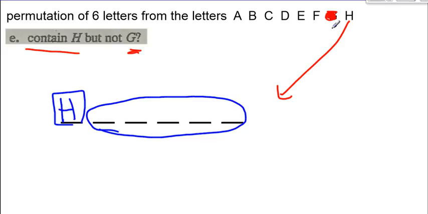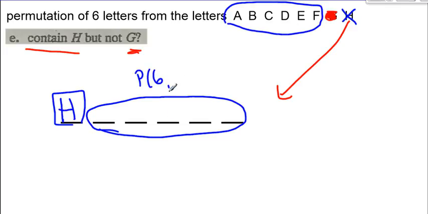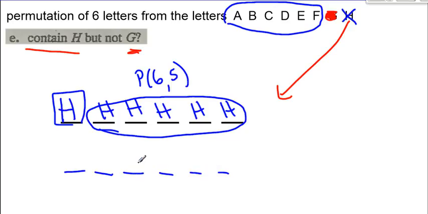So if I force the H to be here, I've taken it off of my choice list, and I now have these 6 letters to fill these 5 positions, which would be 6 letters into 5 positions. But of course, there's no reason why the H had to be first. The H could have been here, or here, or here, or any of the 6 positions. And no matter which of those positions the H was in, so let me just kind of recreate this. Let's say the H was here. No matter what, I would still have 5 positions available and 6 letters to fill them.